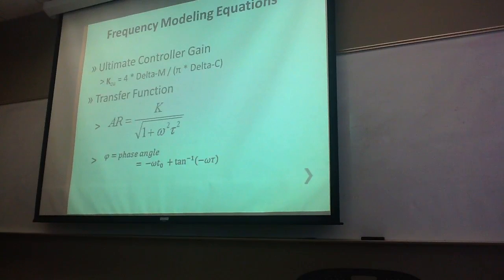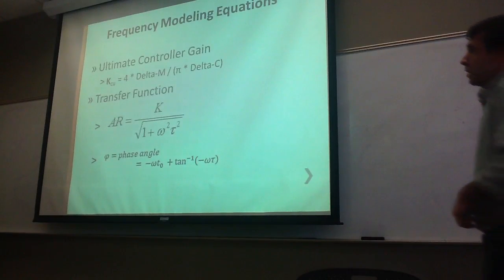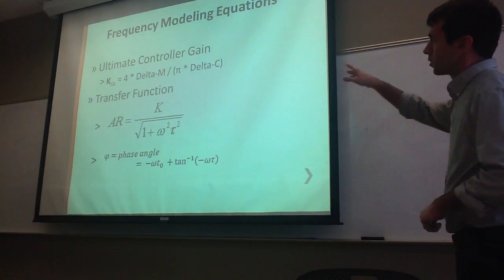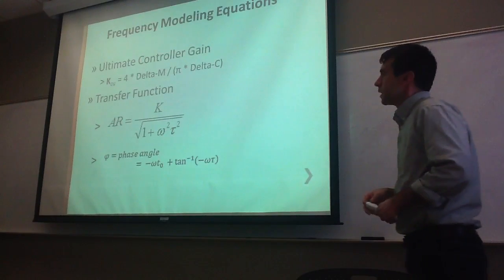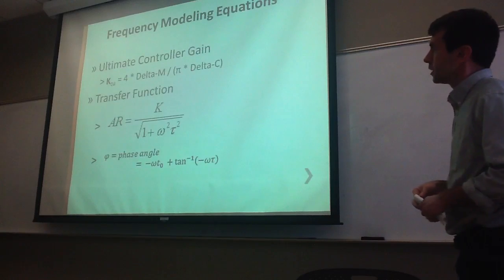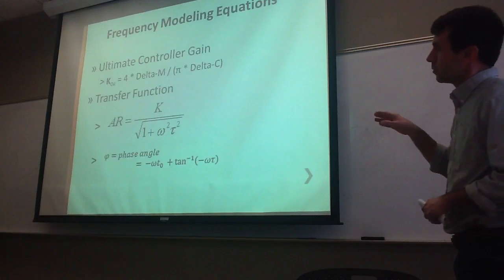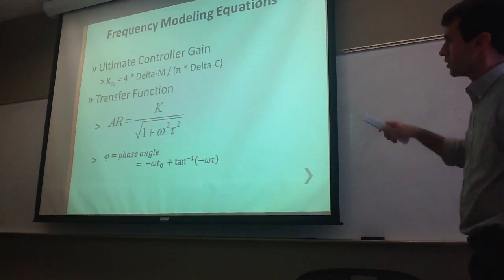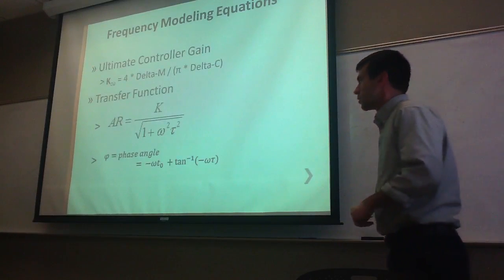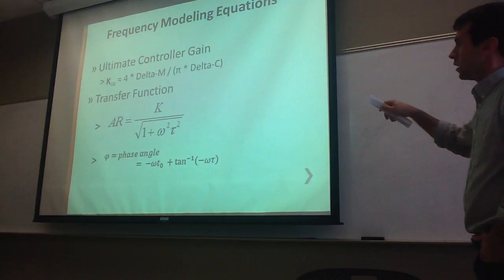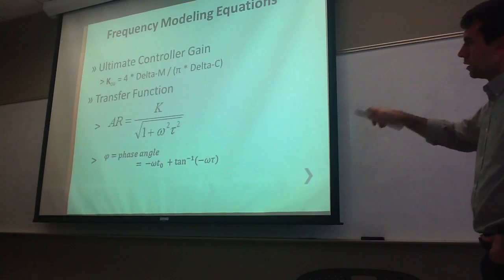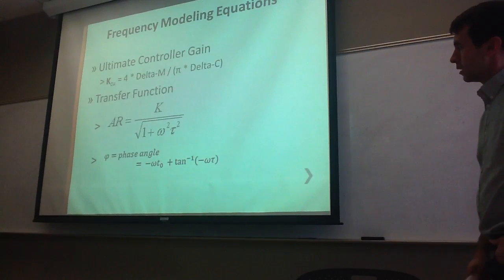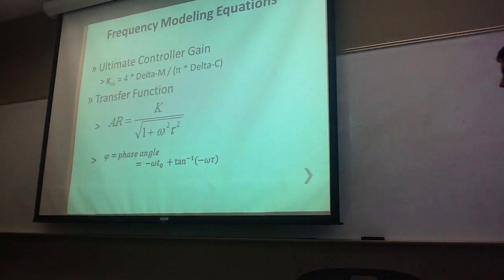Okay, with the modeling equations, the ultimate control gain is found with 4 times delta M divided by pi times delta C. Then the transfer functions: amplitude ratio is K over square root of 1 plus omega squared times tau squared, and phase angle is negative omega times t naught plus inverse tangent of negative omega times tau.